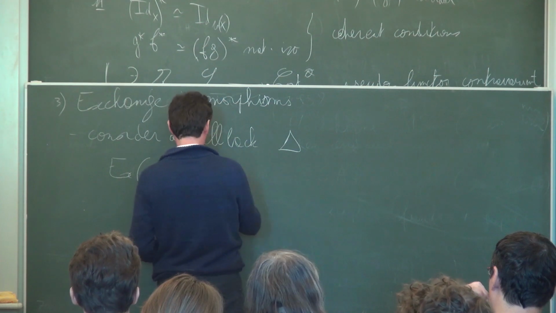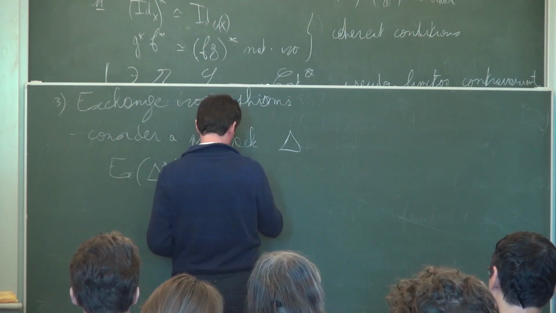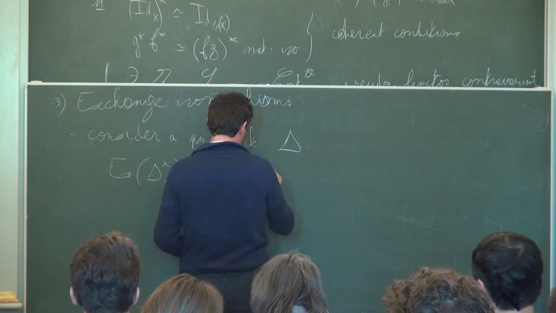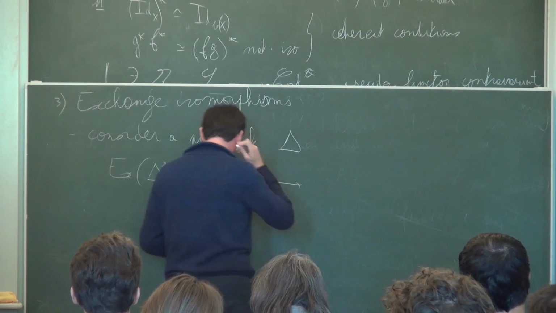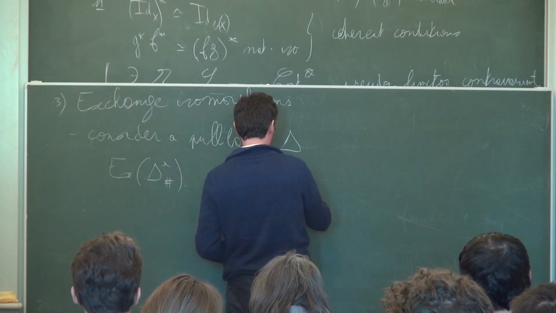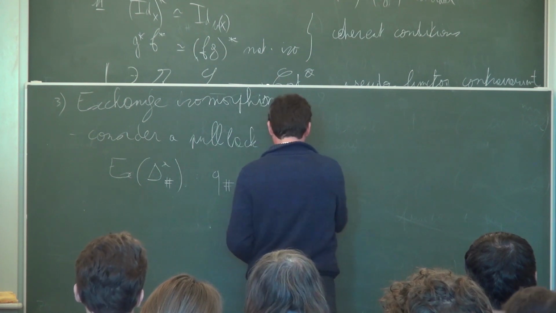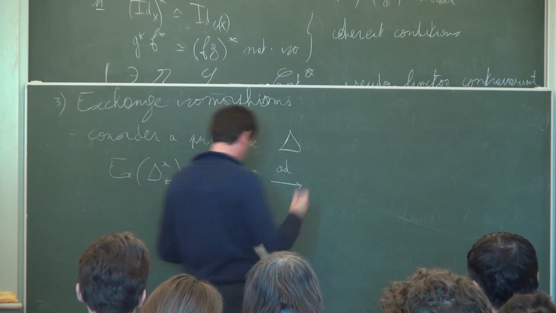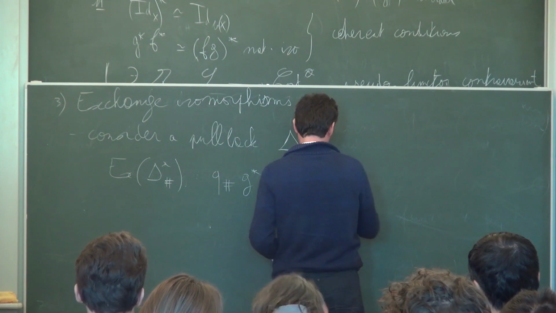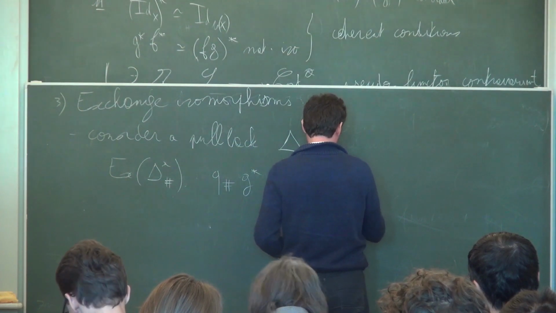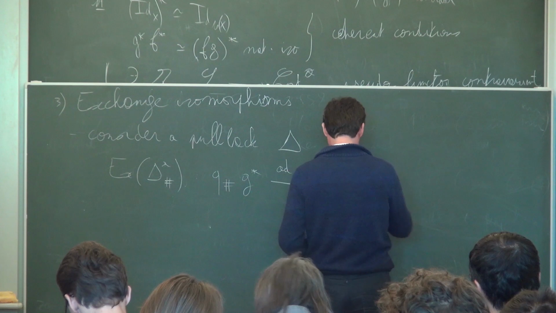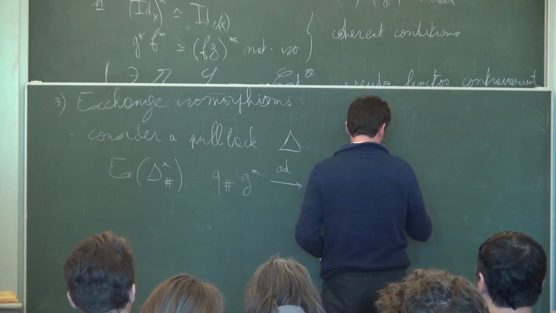You start from q_♯ t^*, and you first apply the map from the adjunction q_♯ j^*, which goes to p^* p_♯.